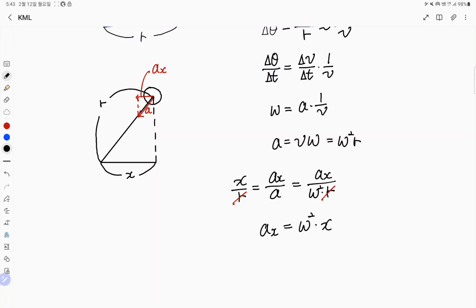And the direction of the acceleration is opposite to the direction of displacement, so the sign is negative.